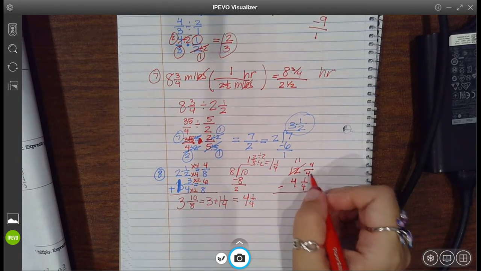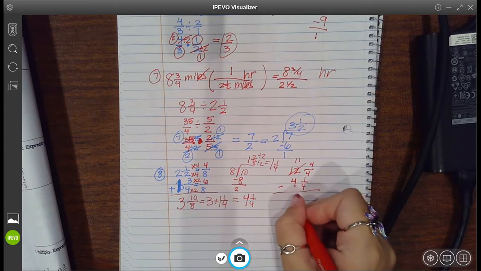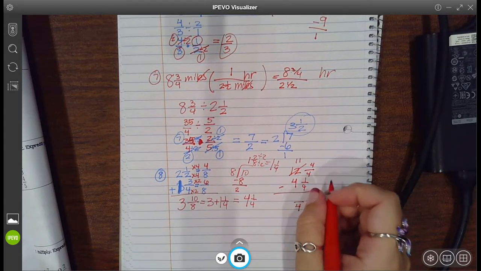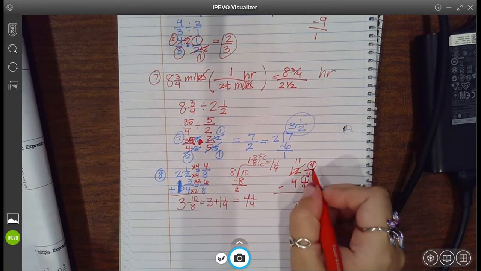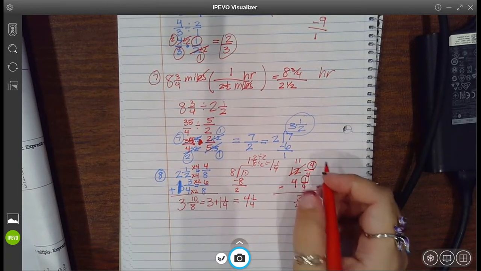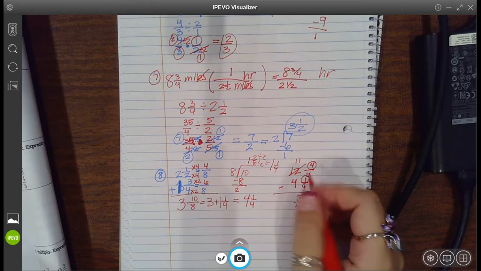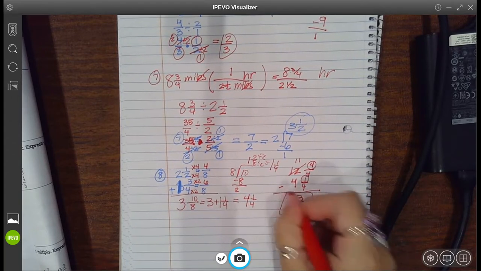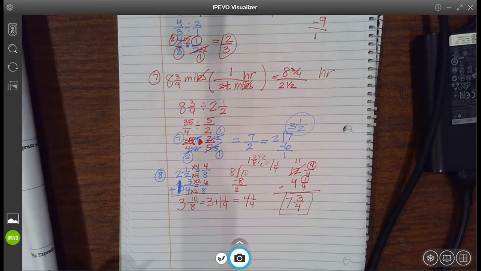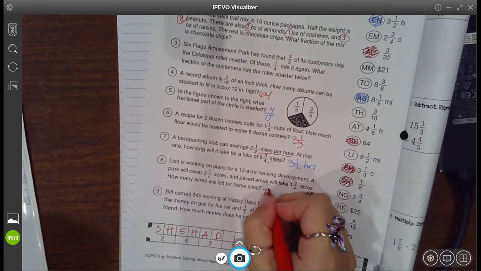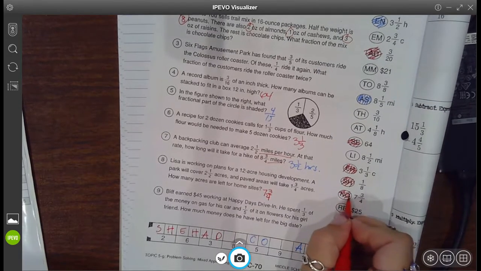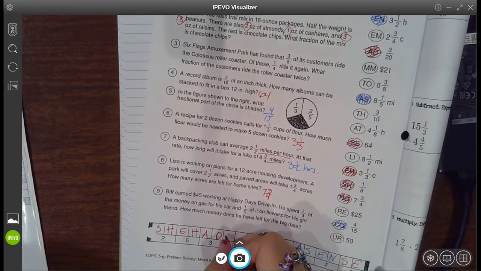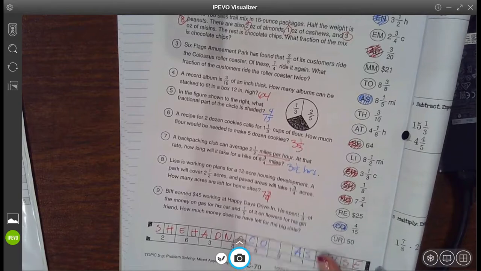And since you can choose any number you want, why not pick whatever that denominator is so you don't have more work to do, because you have to get common denominators. Now subtract your numerators. 4 minus 1 makes 3. And subtract your whole numbers. 11 minus 4 makes 7. So 7 3/4 acres is going to be left for the home sites. 7 3/4, which if we take a look, it's right here, NO. So number 8 is NO.